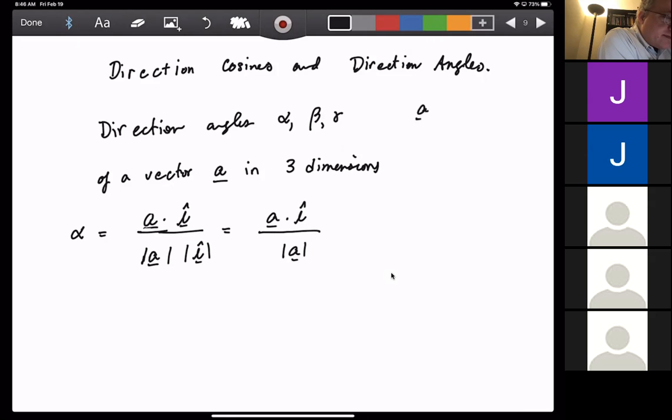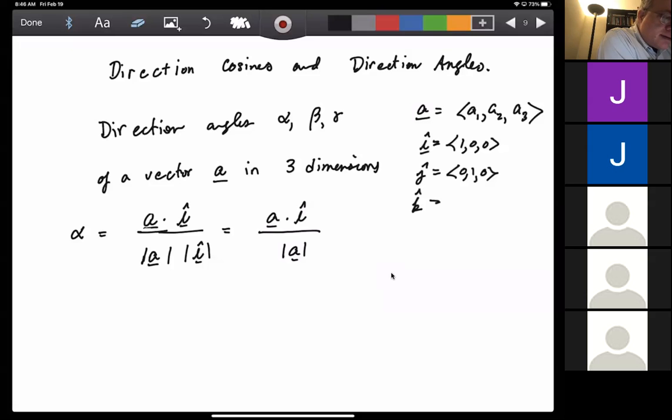And if my vector has components A1, A2, A3, remember that i had as components 1, 0, 0, j has got 0, 1, 0, k has got component 0, 0, 1. So this just picks out the first component, or the x component, and it divides it by the length of the vector.